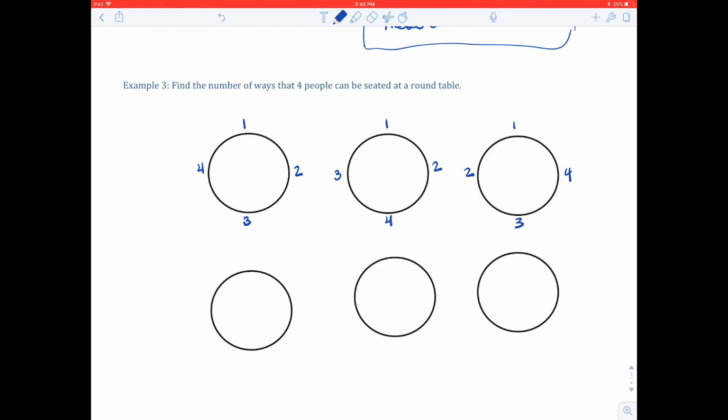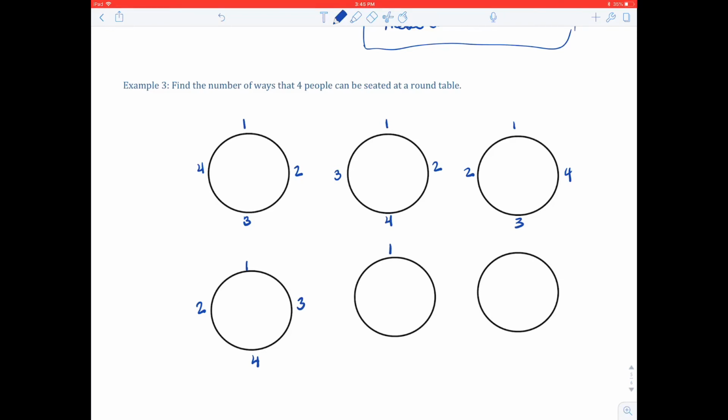Or what else could happen? We could have the 2 on this side, and we could have the 4 here and the 3 here. So now I've explored every situation where person 2 is next to person 1.